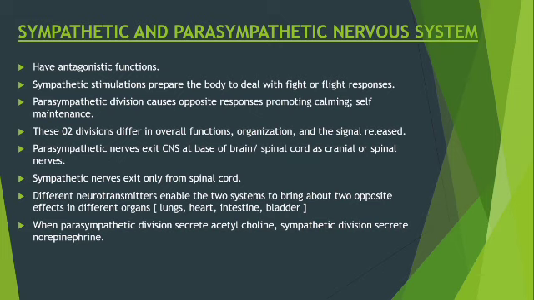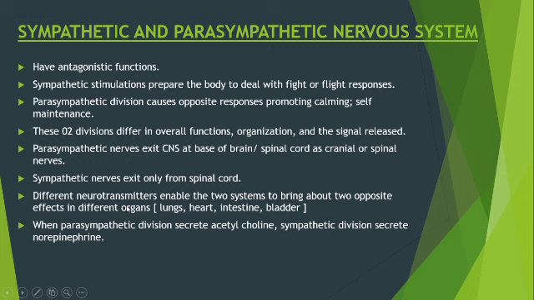These two divisions differ in overall functions, organization, and the signal release. The parasympathetic nerves exit the central nervous system at the base of the brain or the spinal cord as cranial or spinal nerves, but the sympathetic nerves exit only from the spinal cord.